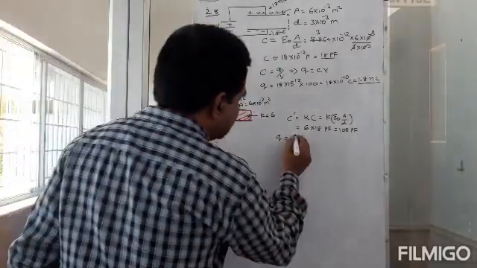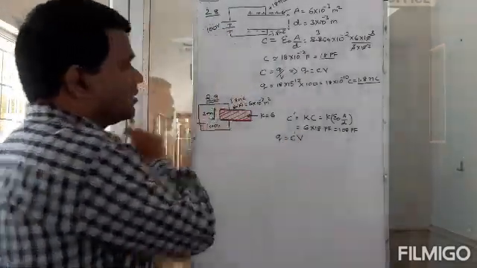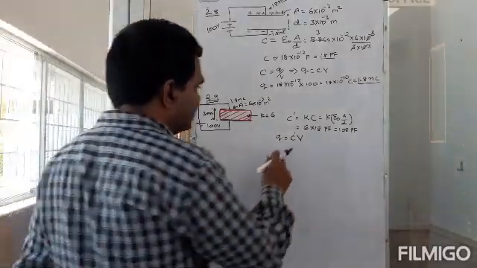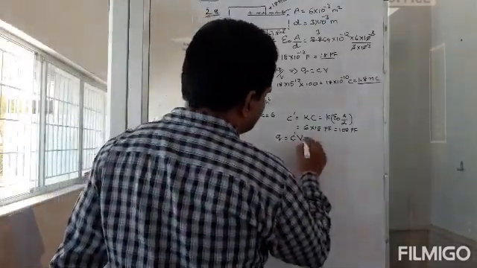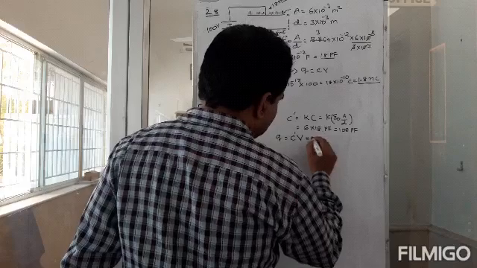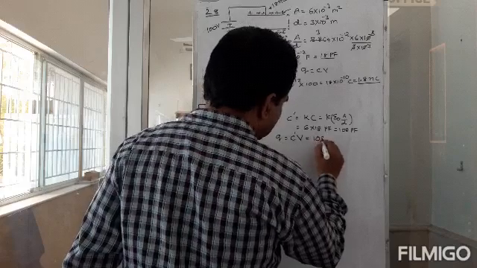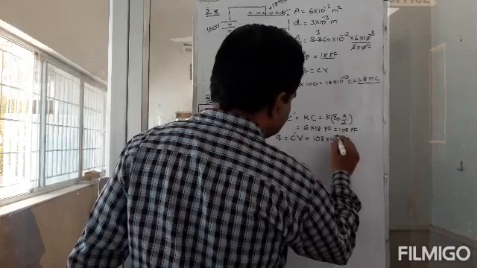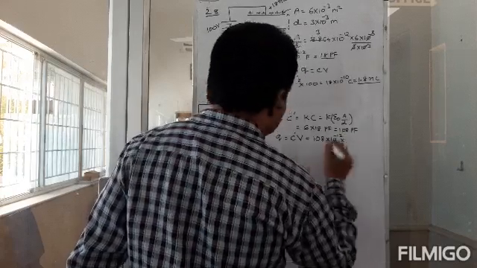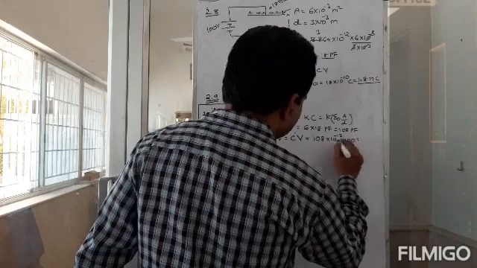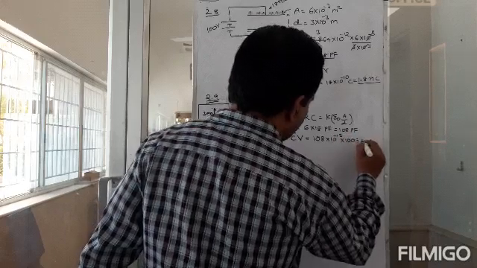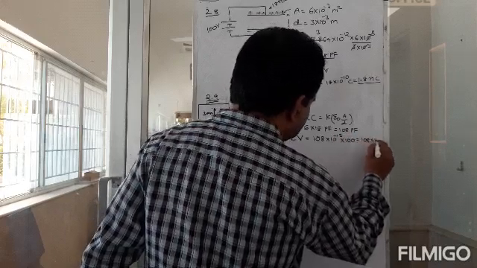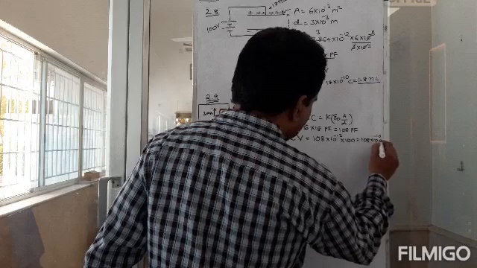In this case, Q is C dash into V. V is not going to change. It will remain 100. But C dash has changed here. So what will happen to Q now? So C dash is 108 into 10 power minus 12 of pico and then 100. I'm going to have 10 power minus 10. So 108 into 10 power minus 10 coulomb.